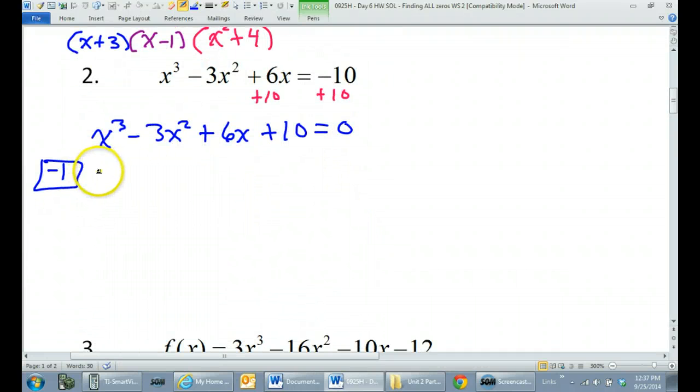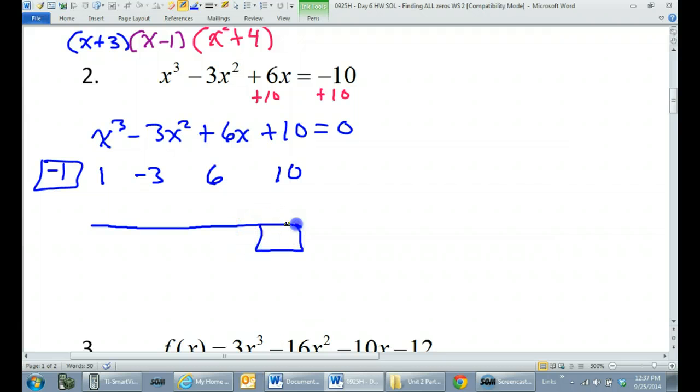Okay, so we've got 1, negative 3, 6, and 10. All right, so if I bring this down, multiply, I get negative 1, add, I get negative 4. Multiply, add, multiply, add.